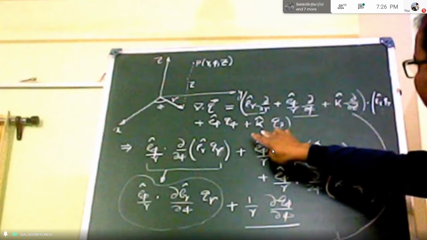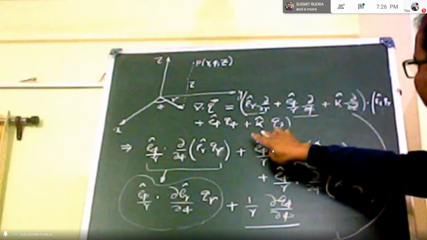Your position vector is say r or capital R, I do not know what notation has been used. This is equal to i into x plus j into y plus k into z.